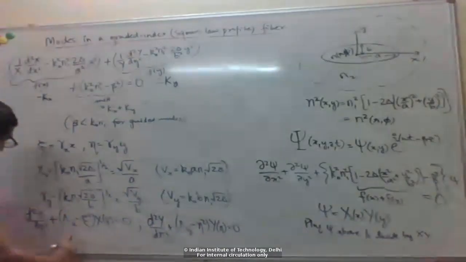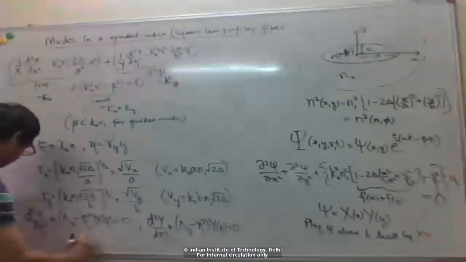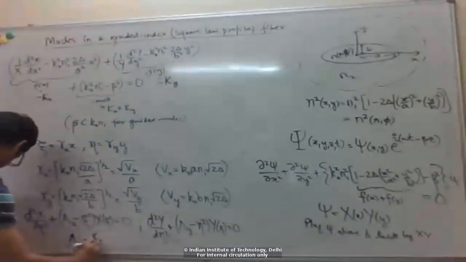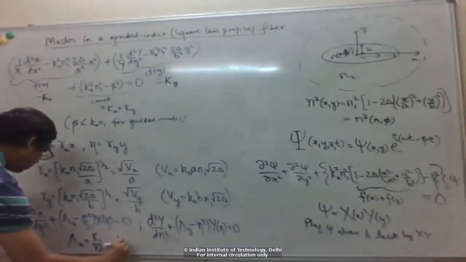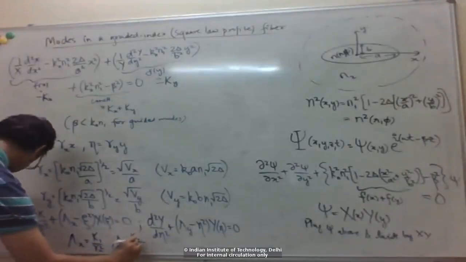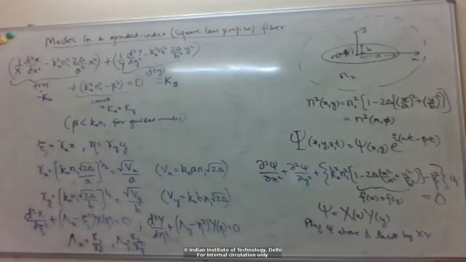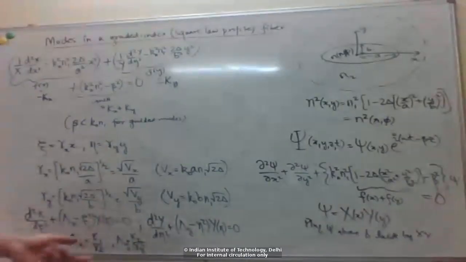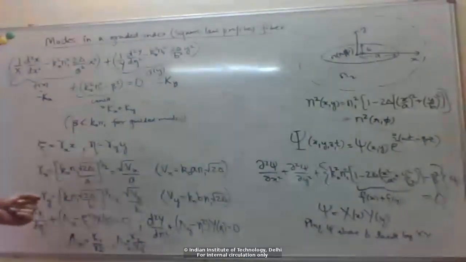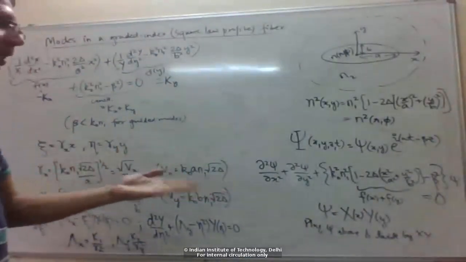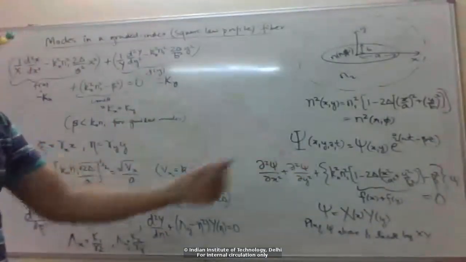Right, so what are these capital gamma? Right, and so now we have this equation that, if you remember for the slab, we solved it. Right, so we assumed that this x now is like a polynomial function multiplied by a Gaussian function, right?